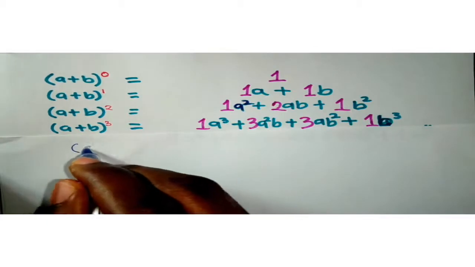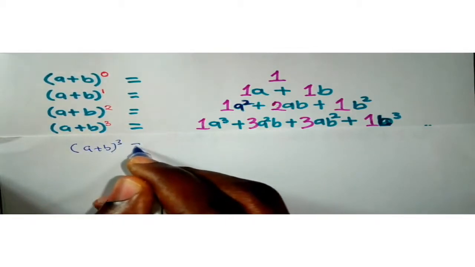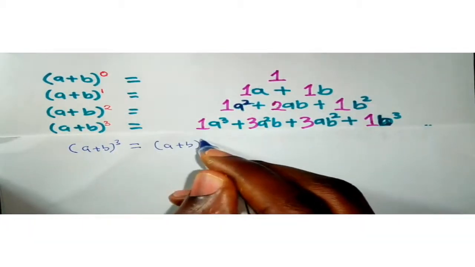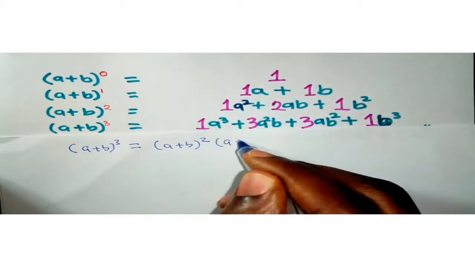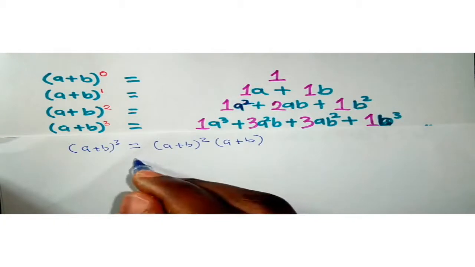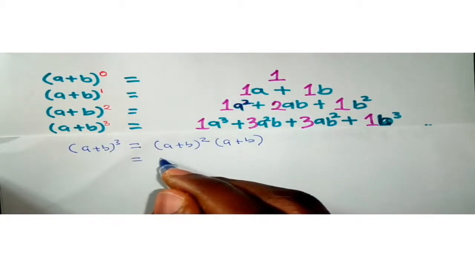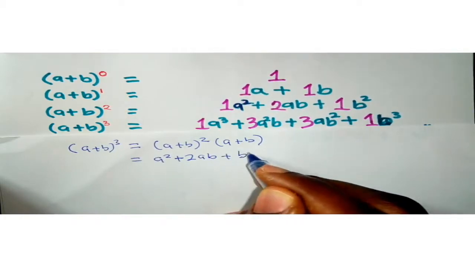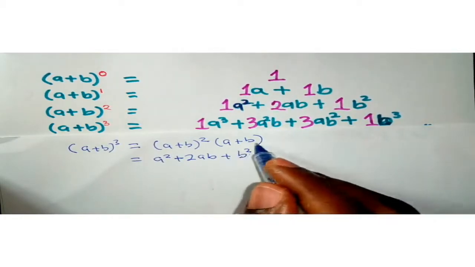Now to expand a plus b cubed, observe that this equals a plus b squared times a plus b. And a plus b squared is a squared plus 2ab plus b squared, times a plus b.